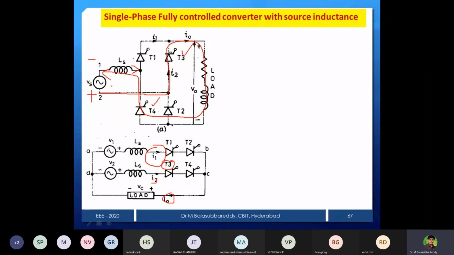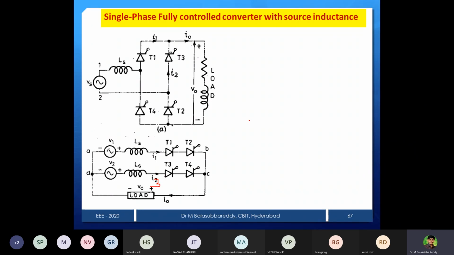This is the case whenever T3, T4 is on. Again source, then inductor, T3, T4 and then load. So these are the equivalent circuits of the power circuit when T1, T2 is on and when T3, T4 is on. If you want the convention, you can use T3 also, anything is fine.